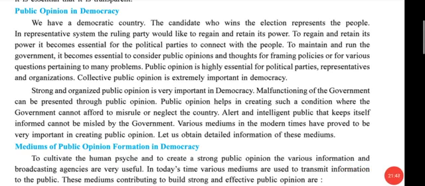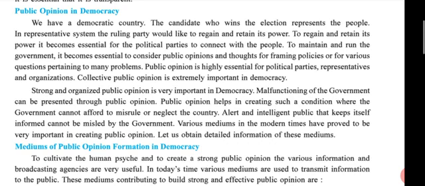To maintain and run the government, it becomes essential to consider public opinion and thoughts for framing policies or for various questions pertaining to many problems. Because one time you are chosen as a government by the public, but if you do not listen to the public, then in the next election the public cannot cast their vote for your party.